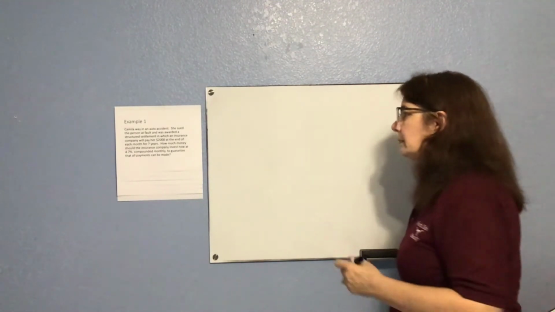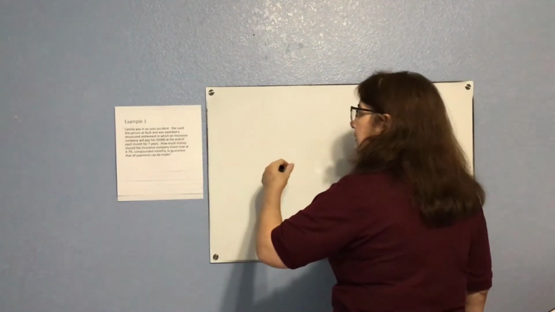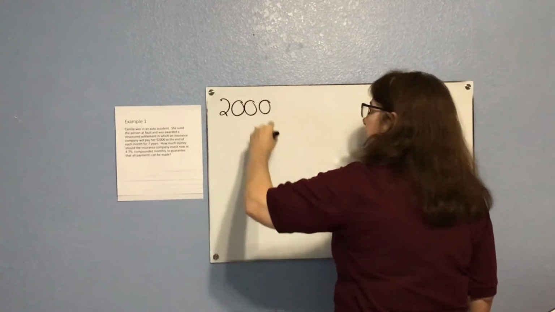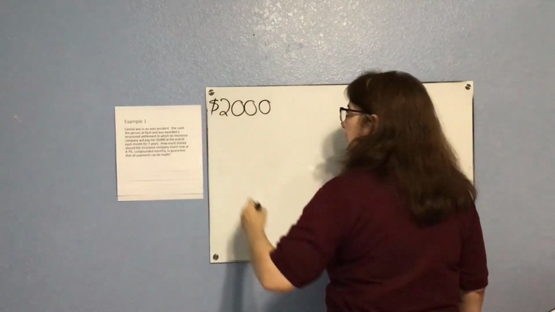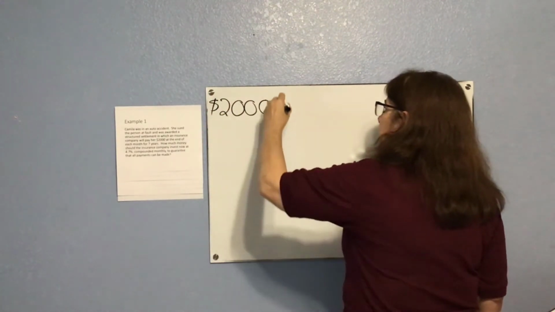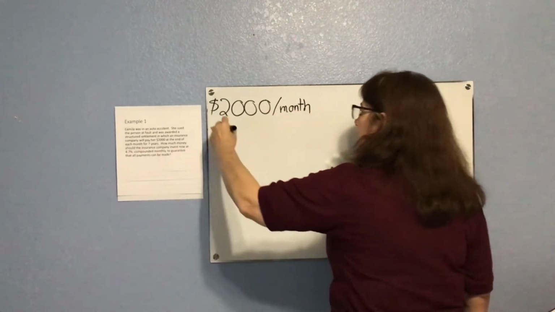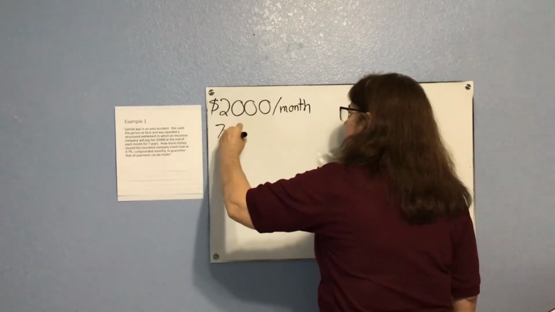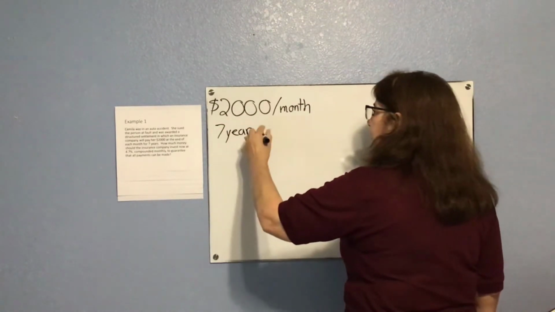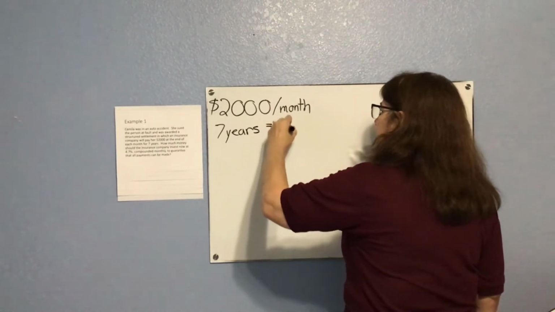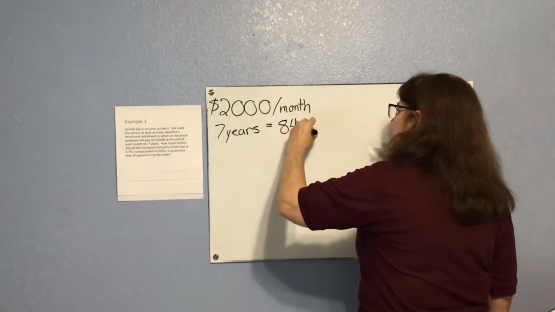Okay, let's write down some important facts. They're going to pay her $2,000 per month for 7 years. So real quick, 7 years is equal to 84 months.